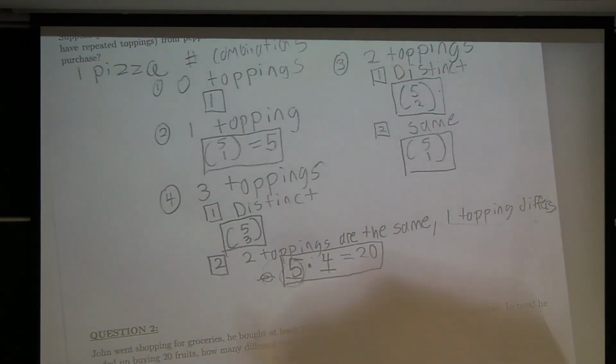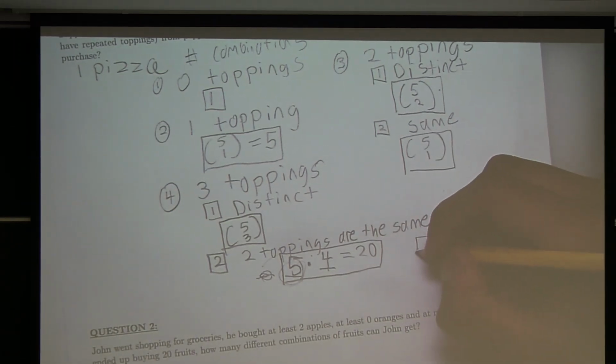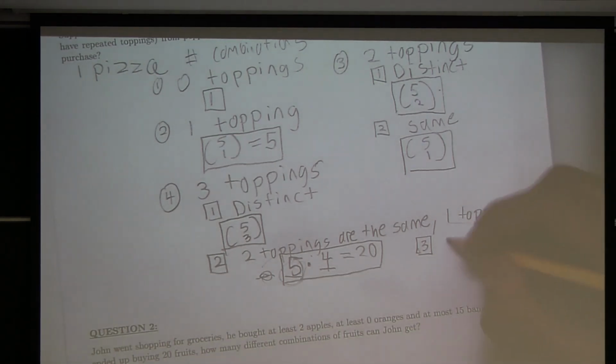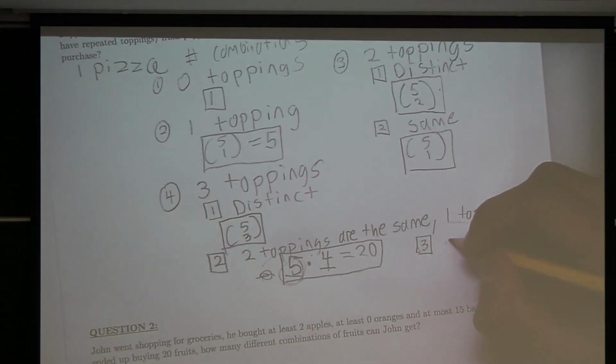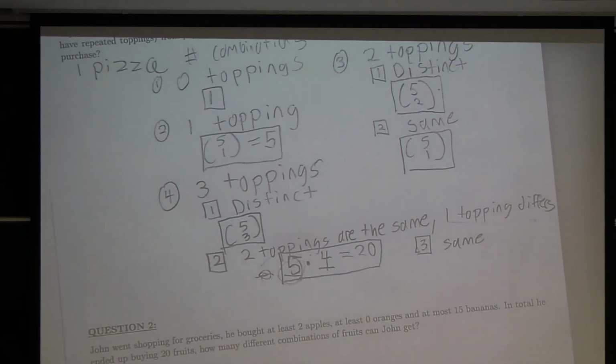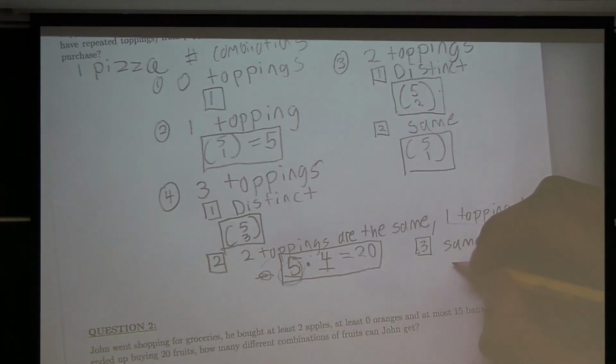And finally, in our last case, I will write it down here. All the toppings will be the same this time. And it would be the exact same as how we did it with 2 toppings and 1 topping as well. We just have triple toppings. So in that case, we could have triple mushrooms, triple ham, triple turkey, and so on. So we would just have 5 choose 1.